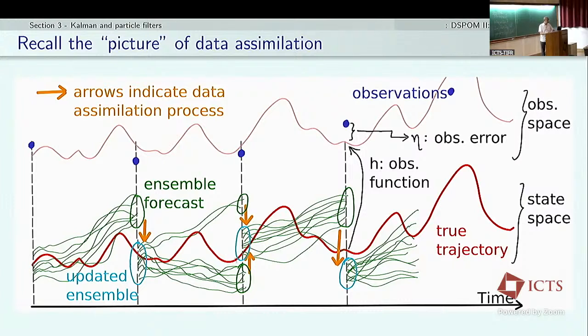That will be these green distributions. Right now it looks bimodal, I don't know why. And using the observation at that time, you make an update using Bayes theorem and keep the process going as a recursive process. So that's what we will fill in as details.